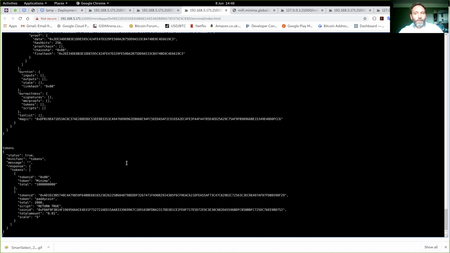This means you can do nice, clever things like tokens that pay out dividends, tokens that can only be paid on Sunday if you want to do some weird thing. You can basically do whatever you want. Gives you a lot of power, which I really like. And it tells you the scale amount is 0.01, and it is just Minima. You can actually wash that back to Minima. Not that you would, but all of the tokens added together are 0.01 over Minima.